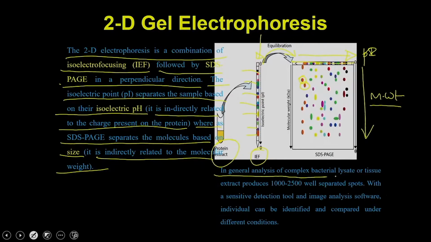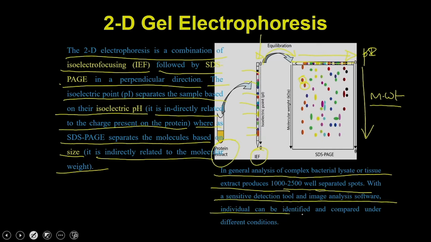In general, the analysis of a complex bacterial lysate or tissue extract can produce even 1000 to 2500 well separated spots. With a sensitive detection tool and image analysis software, individual spots can be identified under different conditions.